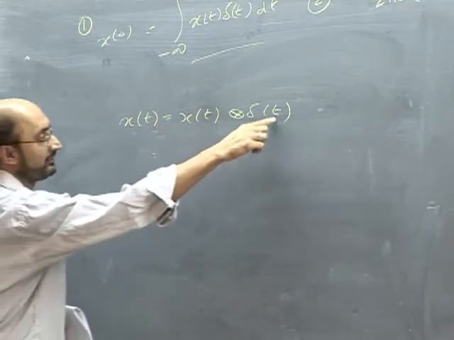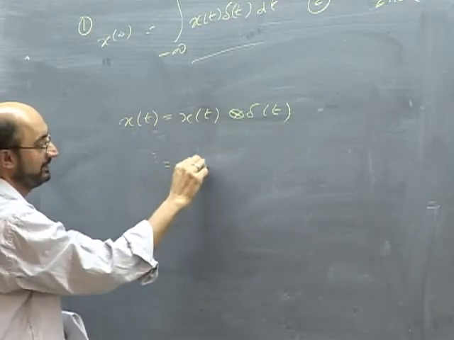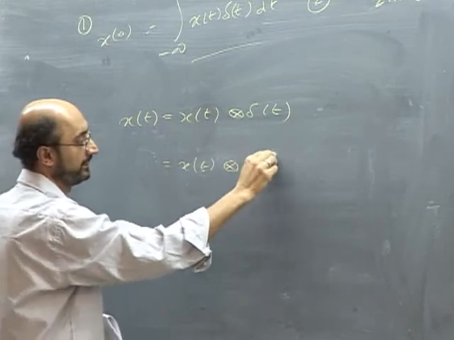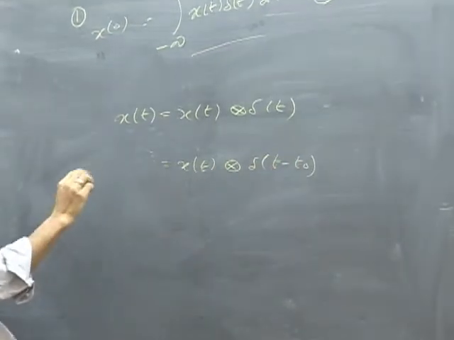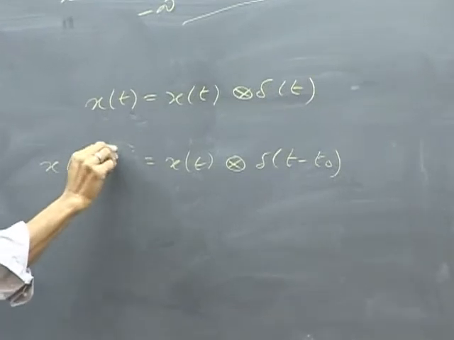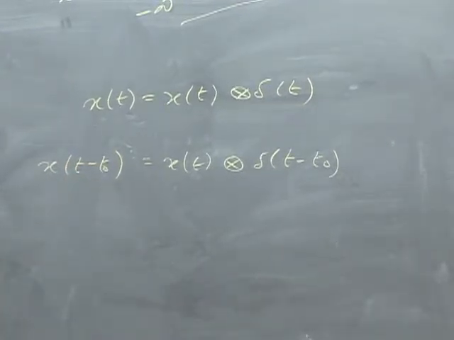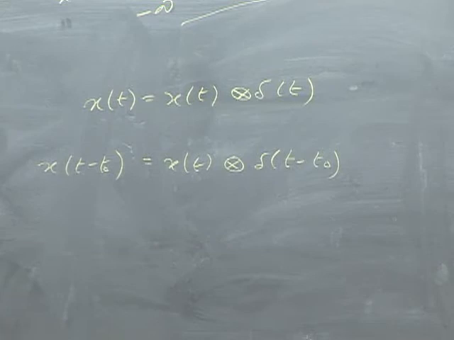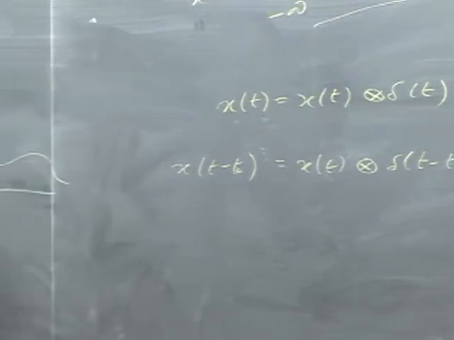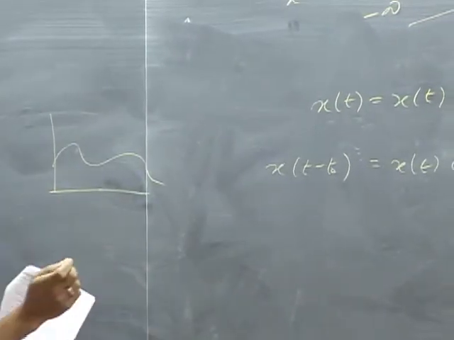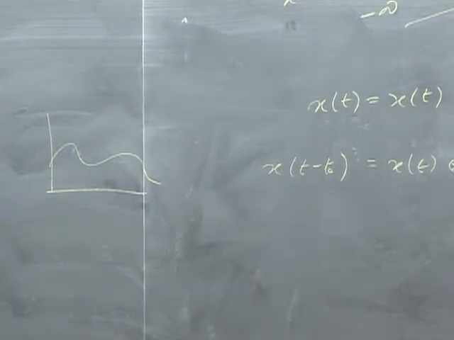What if we change this to t minus t naught? If you take x(t) and convolve it with delta(t minus t naught), it turns out that we get x time shifted by t naught. It's easy to prove this as well, but we can think of it as taking x(t), some function of time, and convolving it with this time-shifted selector, delta(t minus t naught).